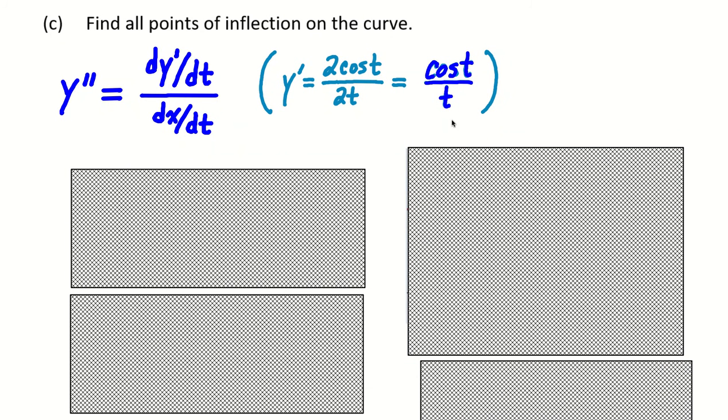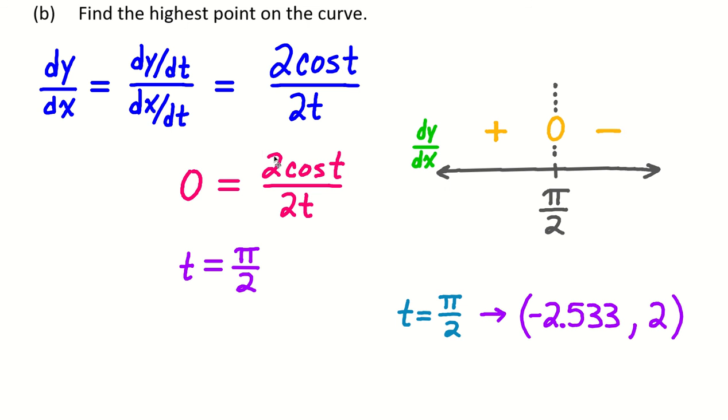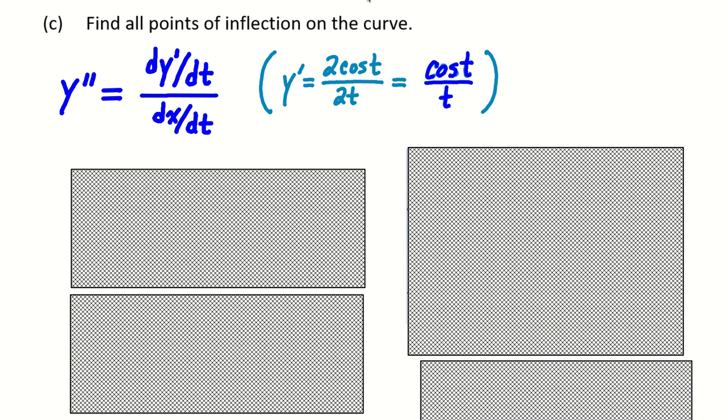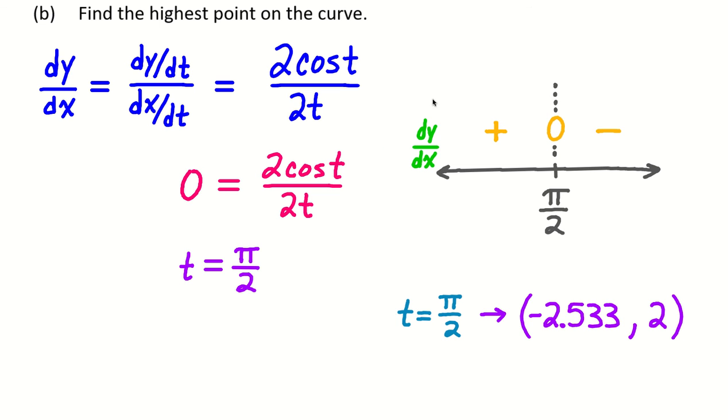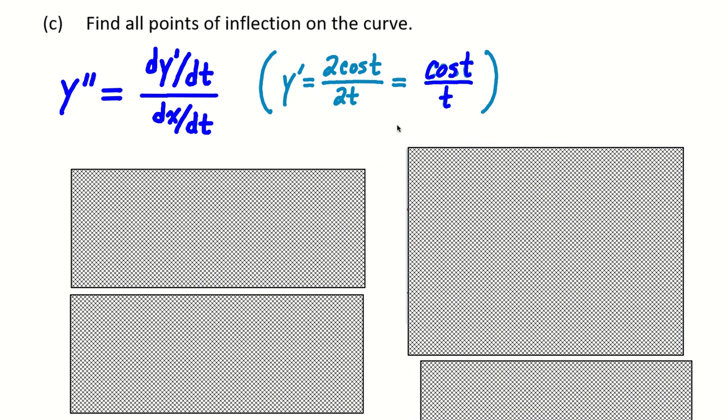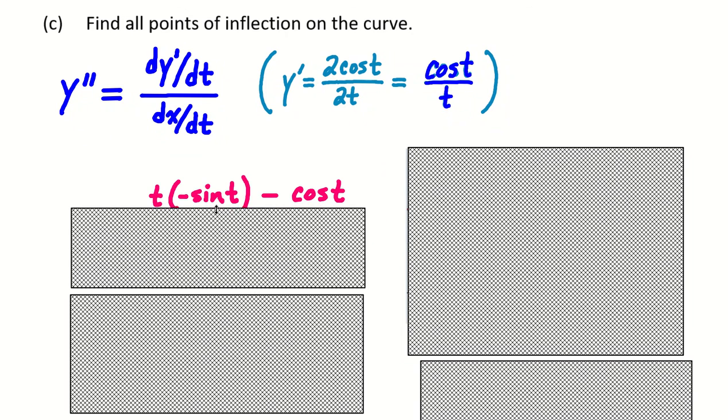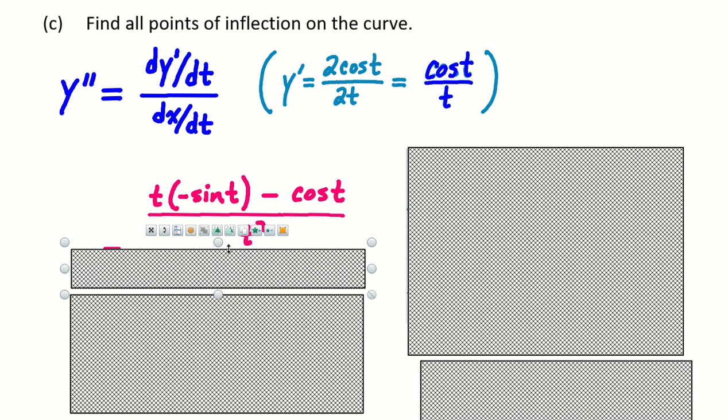By the way, I could have simplified a long time ago, but that didn't really matter back then. So this is y prime with respect to t, and make sure you understand that, because I think this is definitely a mental hurdle we've got to get over. We're going to take the derivative of this, and that's going to involve the quotient rule.